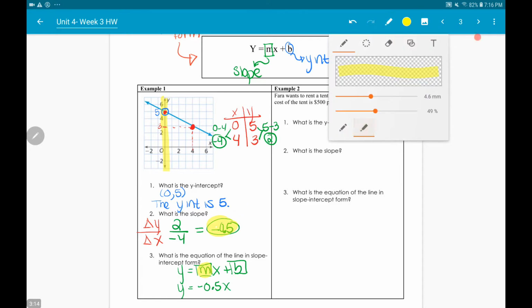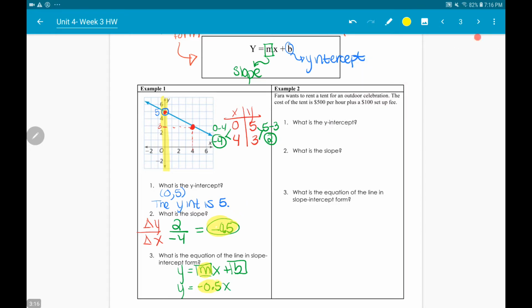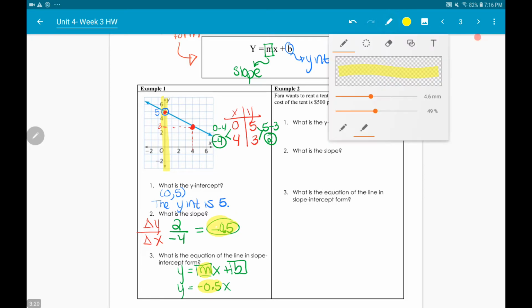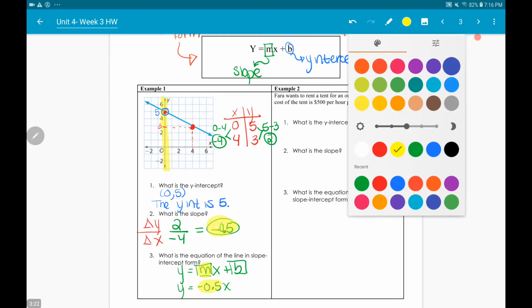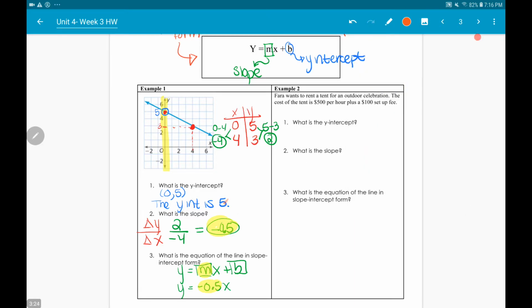So I'm going to leave the x, and I'm going to leave the y. I'm just changing out the number for slope. And then I'm going to do the same thing for the y-intercept. So I'm going to write plus 5. Okay? And that's pretty much it. That's my equation.